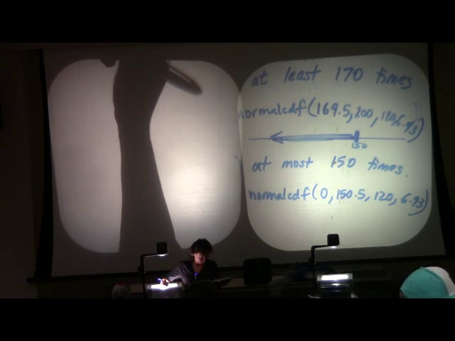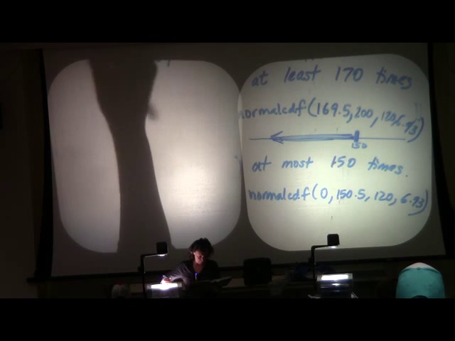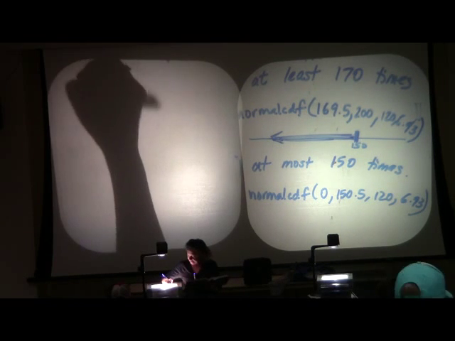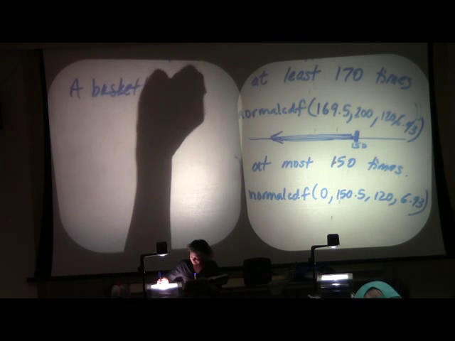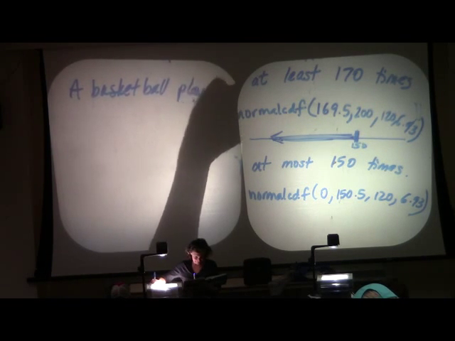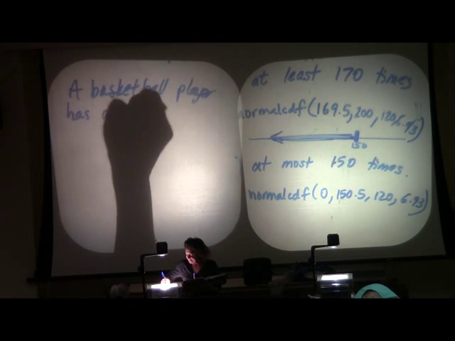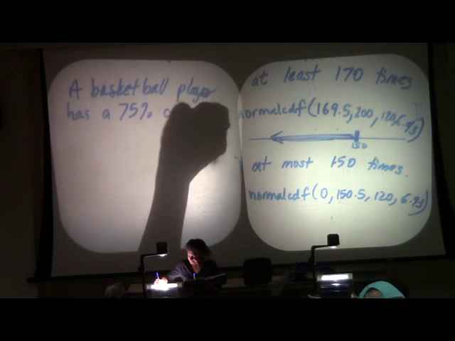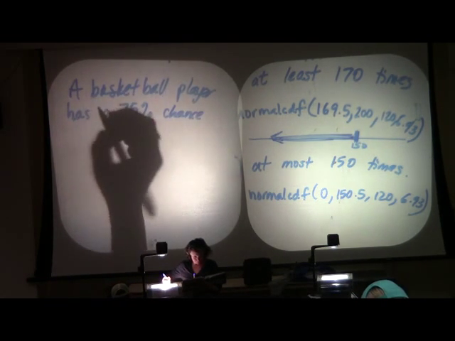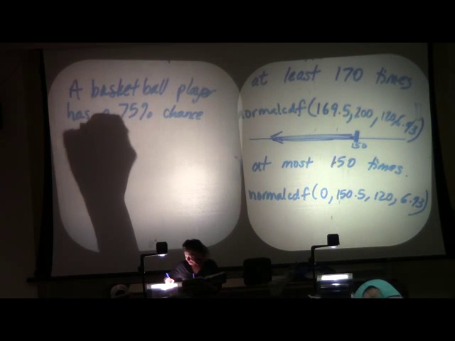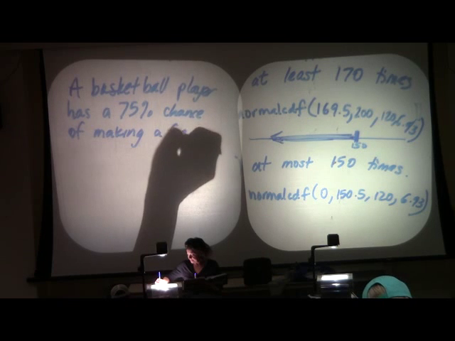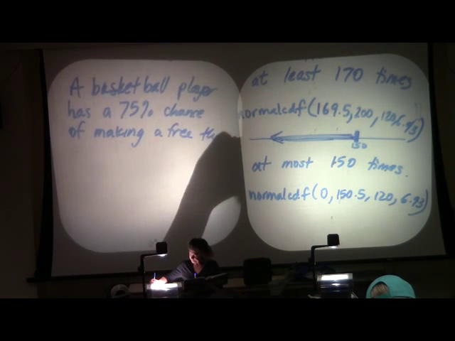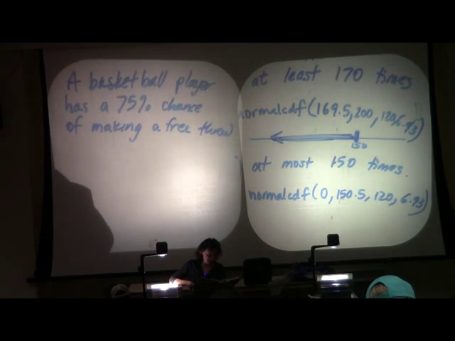A basketball player has a 75% chance of making a free throw. That's pretty sweet. And it says assume that the throws are independent of each other.